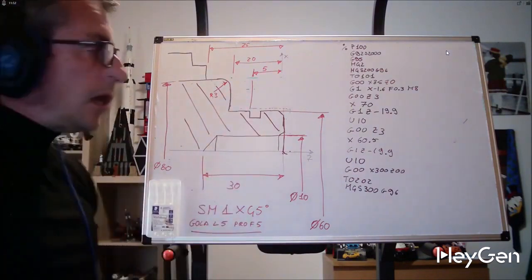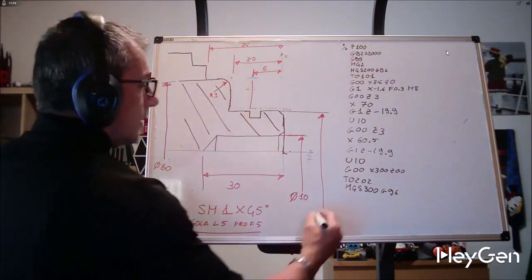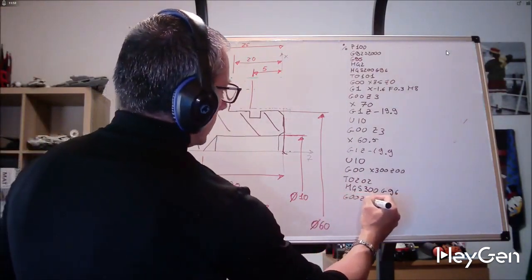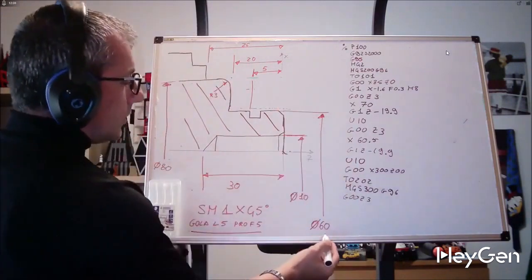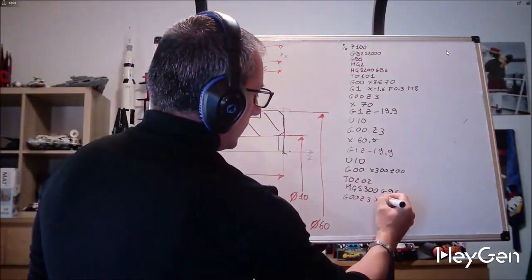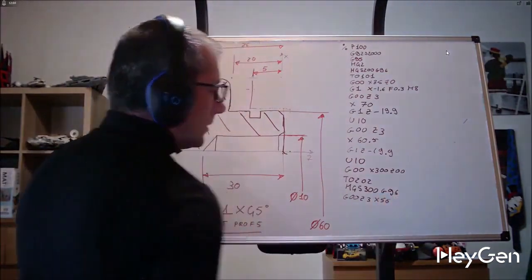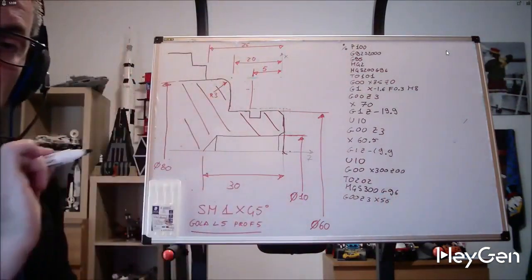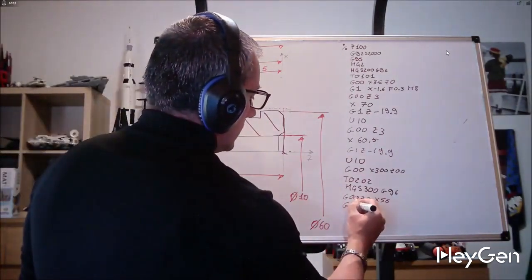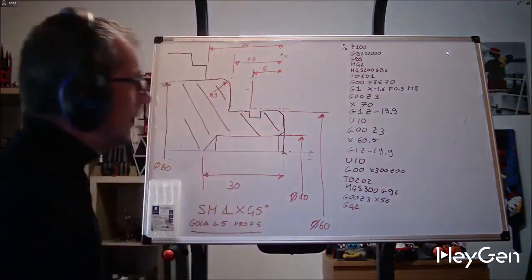Obviously, I can't do the groove, so I will go quickly. G00 Z3. This is 1 for 59, but we are a bit lower, at X56. At this point, what am I going to insert? I will insert my tool radius compensation, G42, because I am moving the profile clockwise.